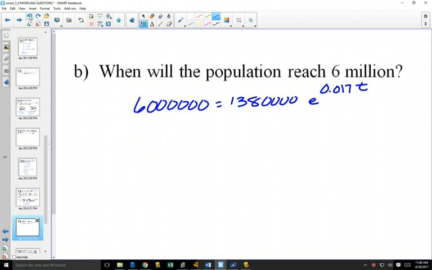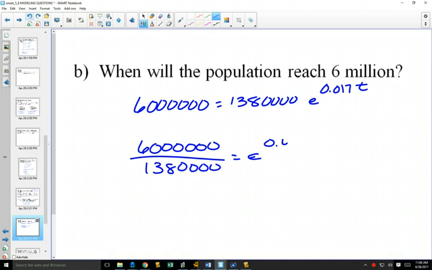But what I would suggest instead is I would divide both sides by 1.38 million first. A bunch of these zeros are going to cancel out. And then you can take the log of both sides. Now, you can take the log of both sides or the natural log of both sides. In this case, in particular, since the base is e, it's going to be nice to take the natural log of both sides.